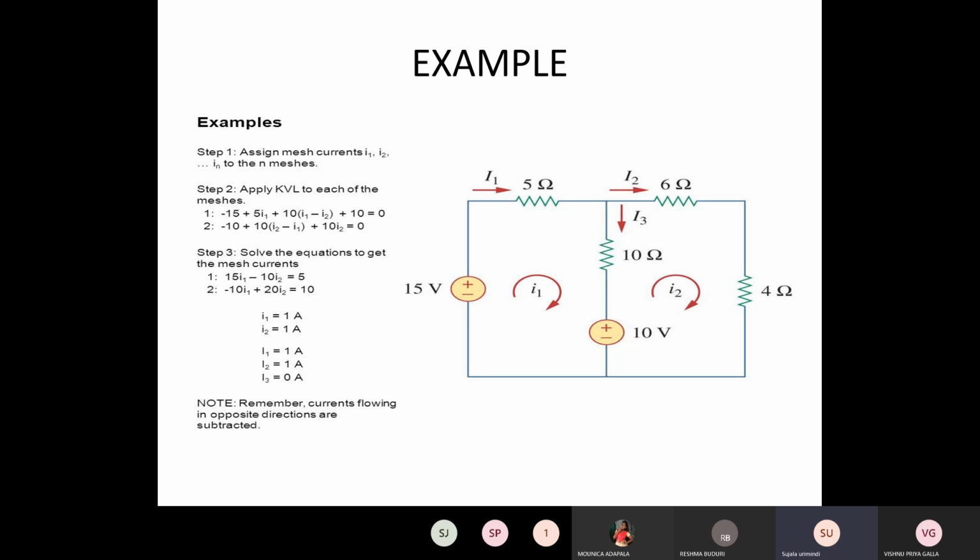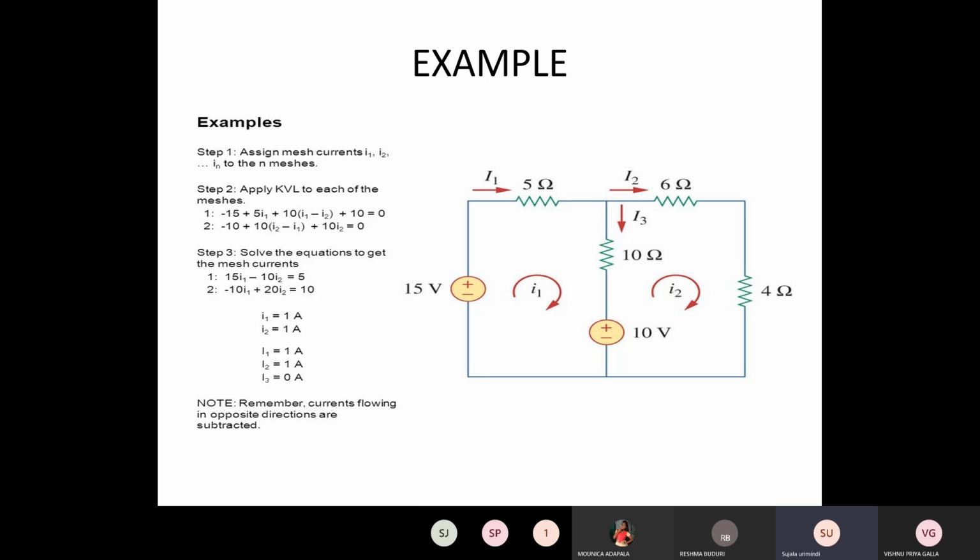For writing the equations, we observe that when there is an individual resistance, here 5 belongs to I1 only, 6 and 4 belong to I2 only, but 10 belongs to I1 and I2. So we are writing the equation of the 10.